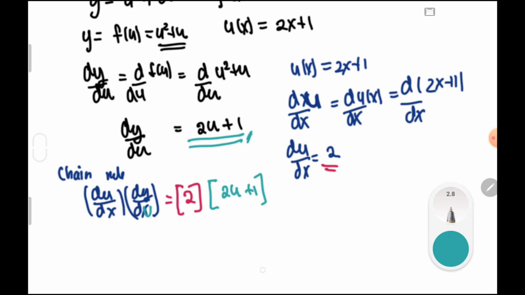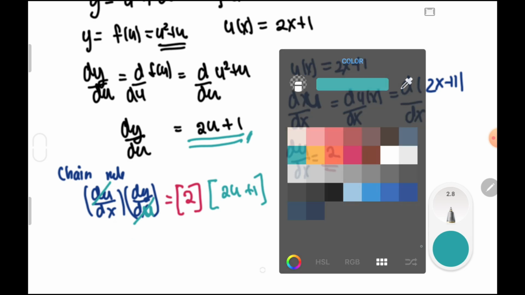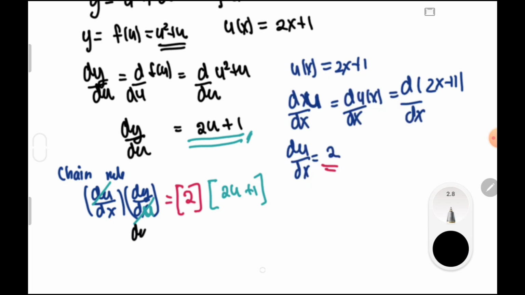The derivative of u with respect to u is equal to 1. So we'll have dy over dx, which is equal to 2 multiplied by 2u plus 1.